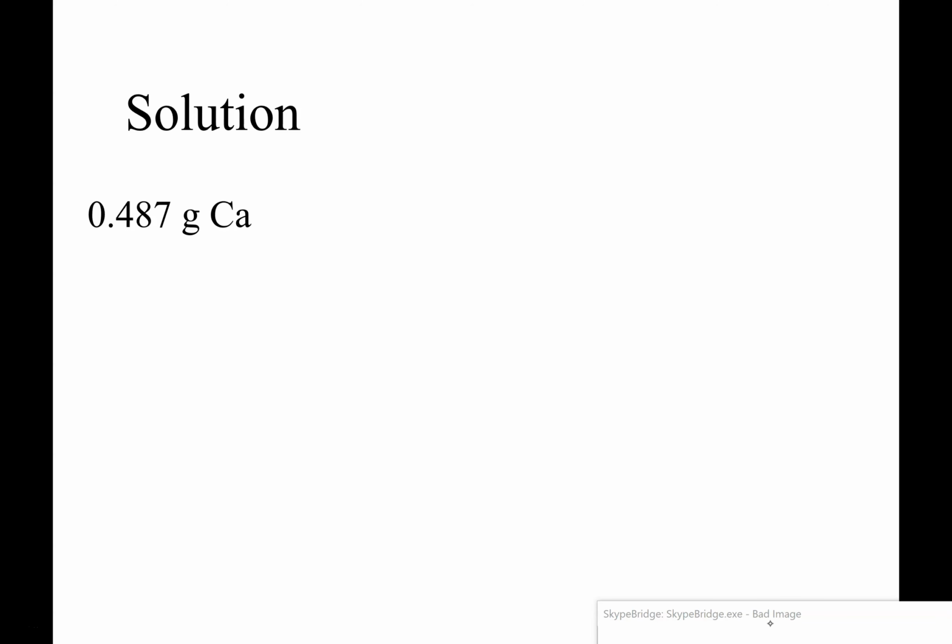For calcium, we said it's 40.08 grams per mole, and we rounded to 2 decimals.